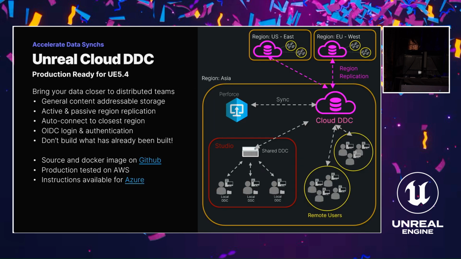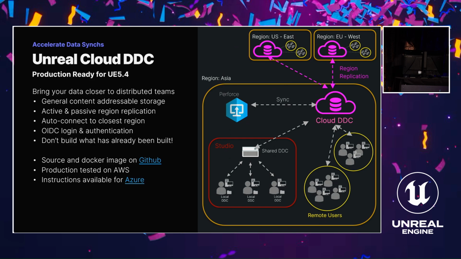Let's now discuss Unreal Cloud DDC. Unreal Cloud DDC is a system designed to efficiently share asset cache data, referred to as DDC, among teams. This system provides an accessible, safe, and low maintenance solution that anyone can use.